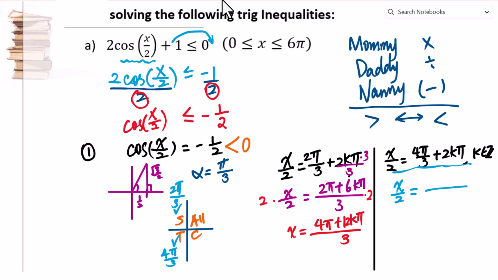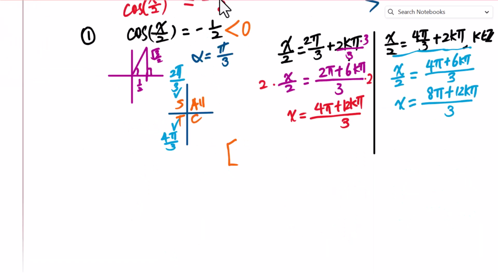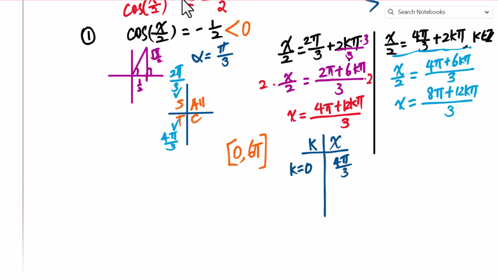X over 2 equals 4 pi plus 6k pi over 3. Times 2 on both sides, we got 8 pi plus 12k pi over 3. Remember, the domain is between 0 and 6 pi. For the first solution, when k equals 0, we got 4 pi over 3.